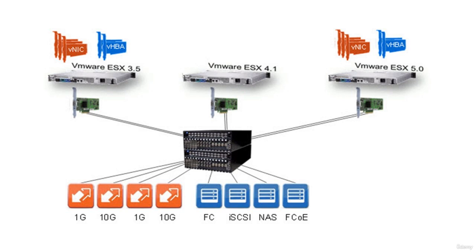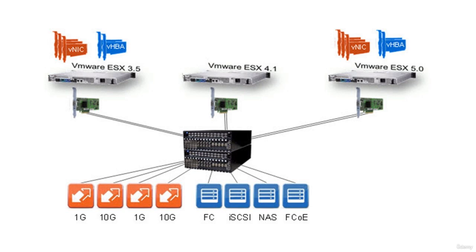VMFS 5 got used starting from VMware vSphere 5.x. The volume, or file system size, was increased to 64 terabytes, and the maximum VMDK size increased to 62 terabytes for VMFS 5. However, ESXi 5.5 supports the maximum file size of VMDK virtual disks of 2 terabytes.